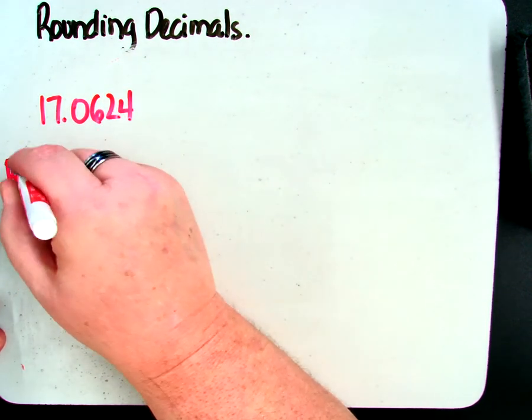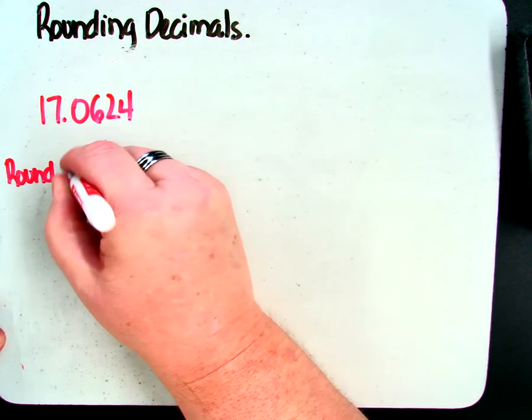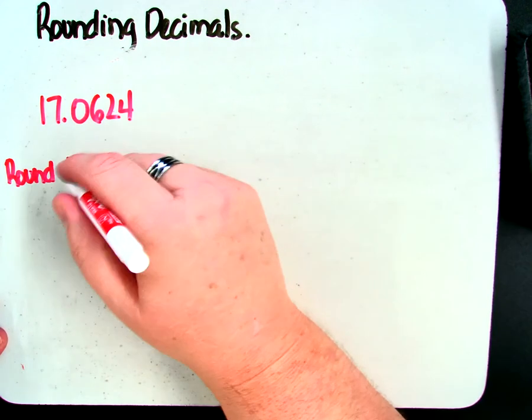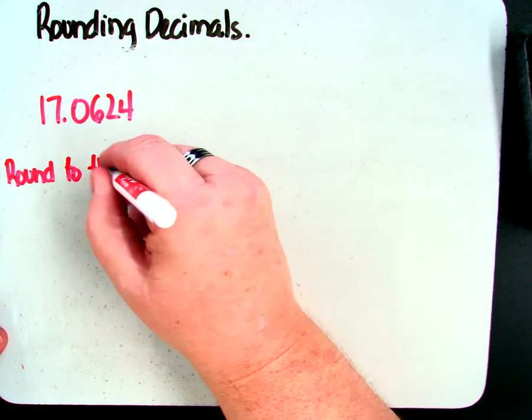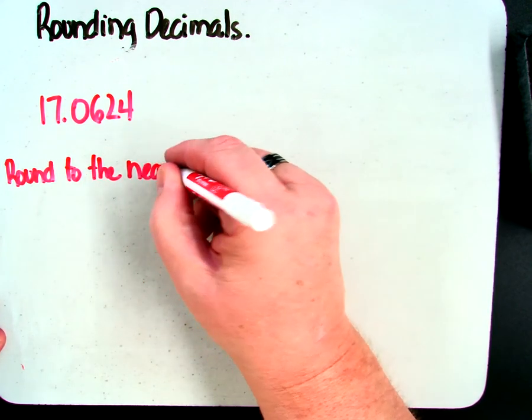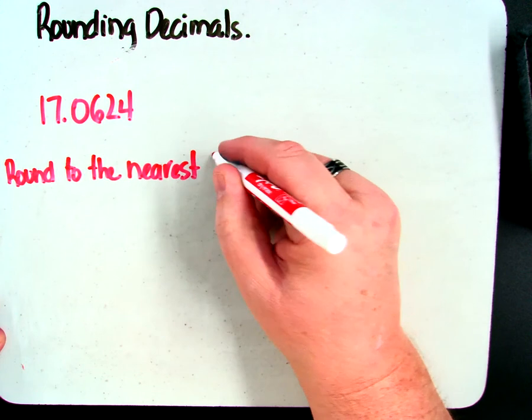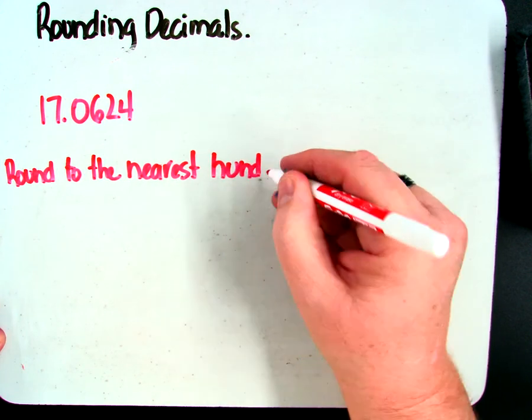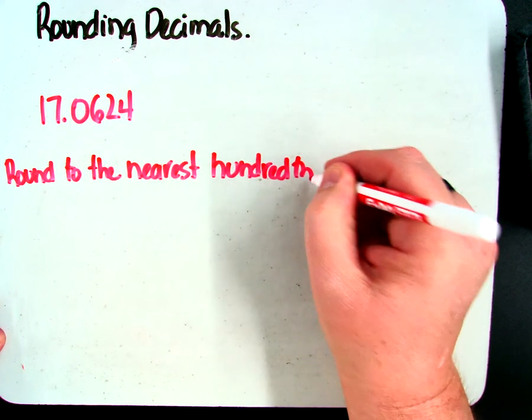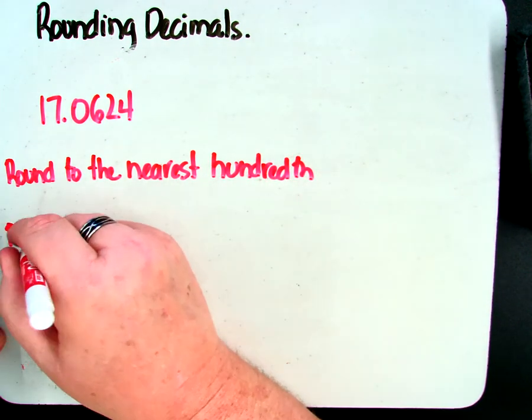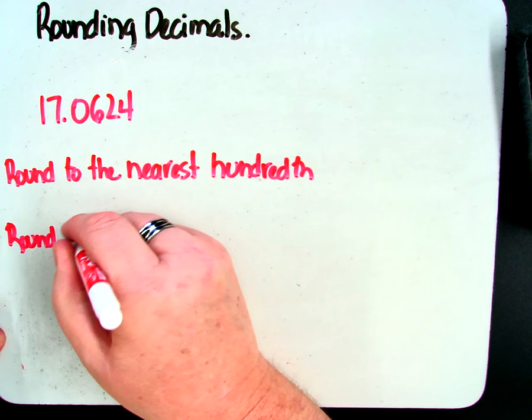I want you to round this decimal to the nearest hundredth, and I want you to round it to the nearest thousandth.